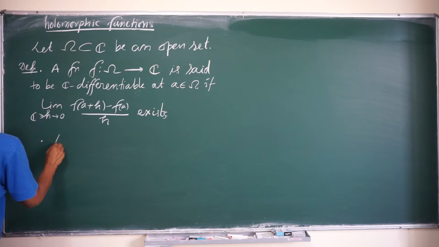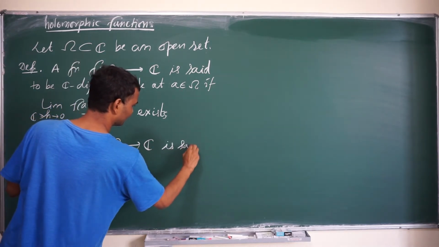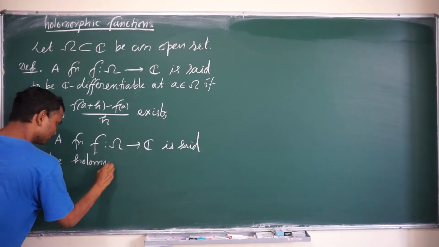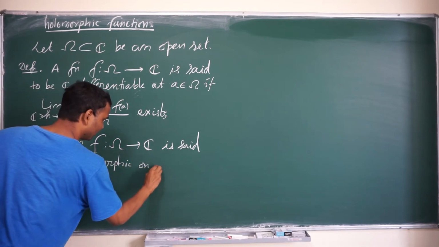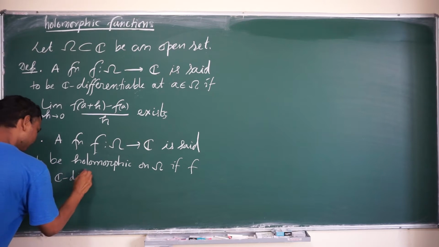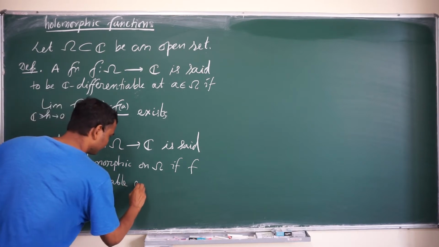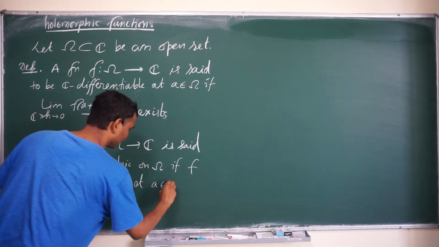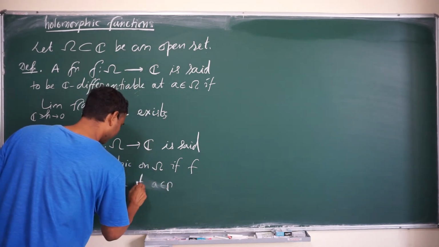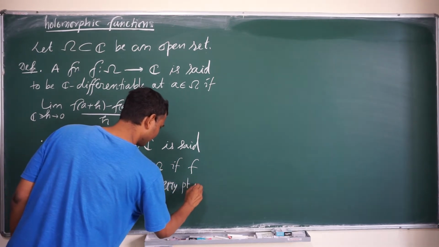And a function f from omega to C is said to be holomorphic on omega if f is C differentiable at every point in omega.